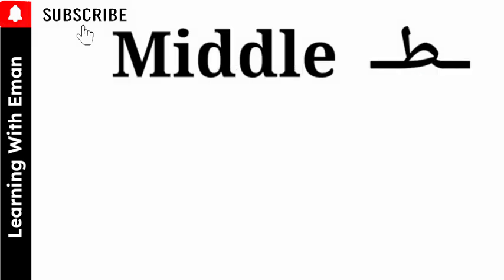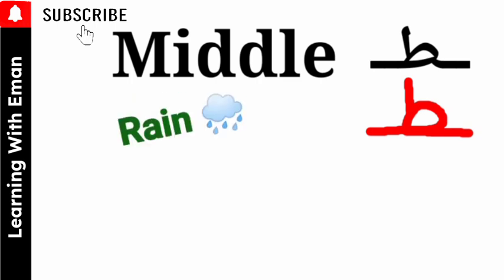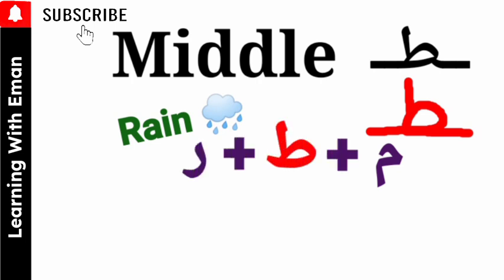Here's how to write the middle form. Like مطر means rain. ما، ط، ر. مطر.